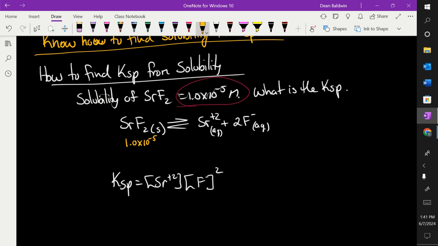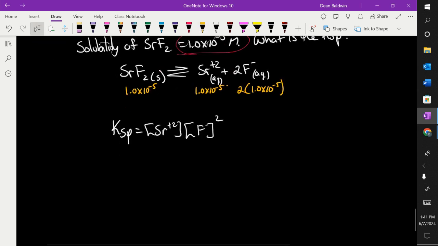So the concentration of strontium would be 1.0 times 10 to the minus 5. But what's the concentration of fluoride? It's double that, because there are 2 fluorines in every formula unit. So it's 2 times that. Then you just plug it into the equation.